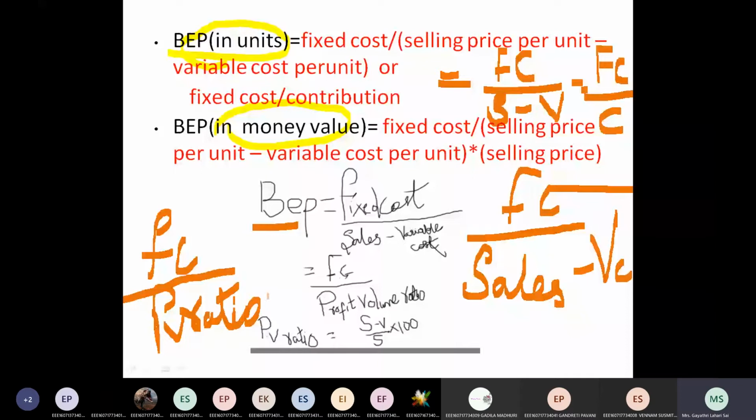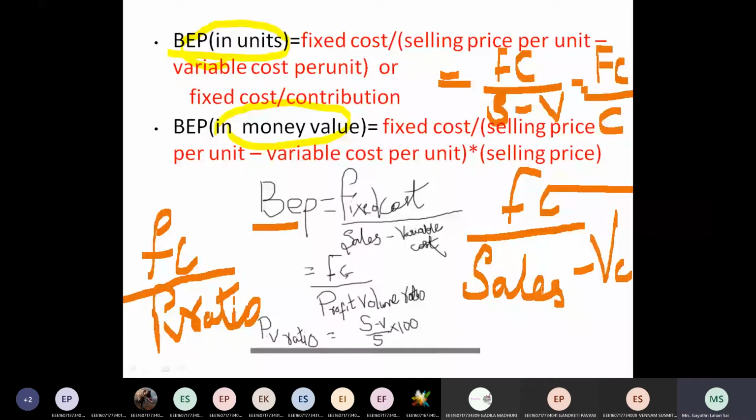And the profit volume ratio is sales minus variable cost by sales into 100. Whatever you substitute, you will get the same. So break even point in terms of money value is fixed cost by sales minus variable cost. Please all of you note this formula. If you do the problem, you will understand.